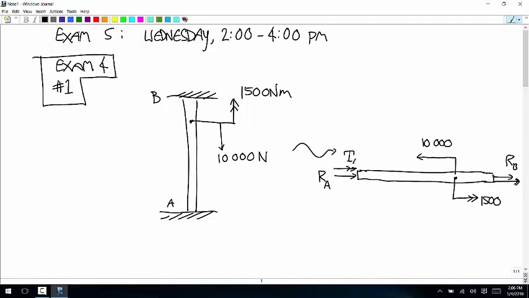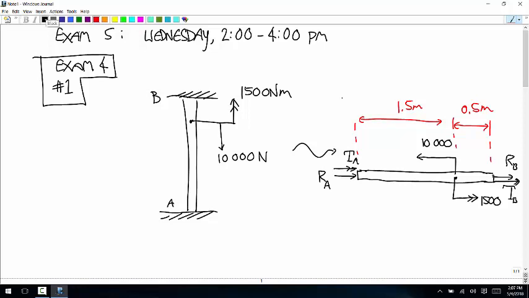I'll call this one torque A and torque B. And the distances are 1.5 meters there and 0.5 meters there.